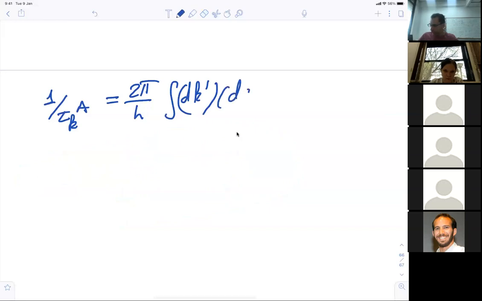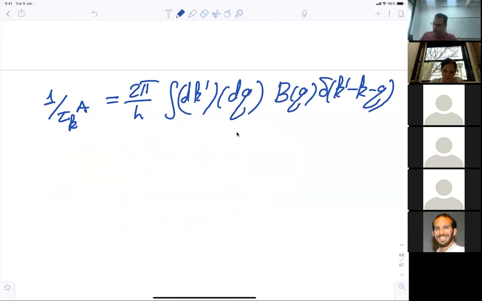dq, these are d-dimensional integrals. B of q, delta k prime minus k minus q. So this is a momentum conservation of electron-phonon scattering. Then there's an energy conservation of the electron-phonon scattering process.